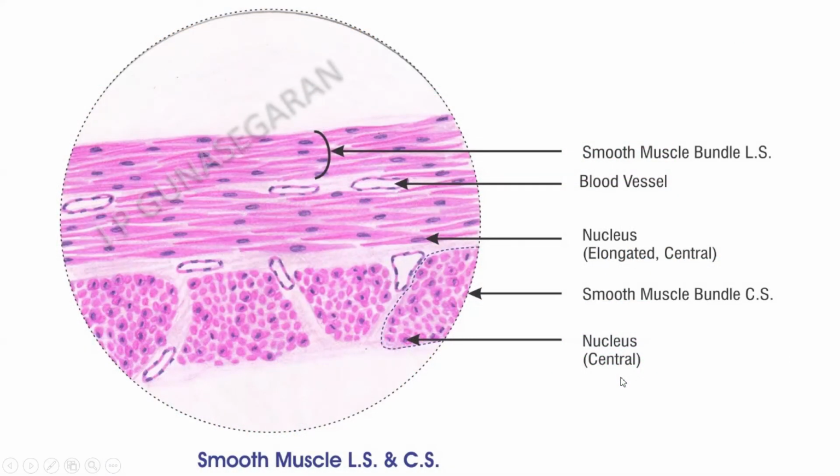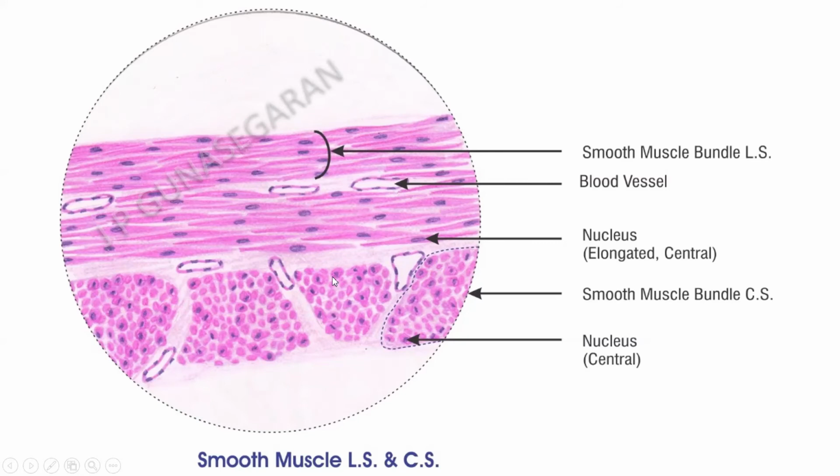And here is an H&E drawing of smooth muscle longitudinal section and cross section, where you can see clearly the spindle shaped cells, and here you can see the spherical structures of different sizes.